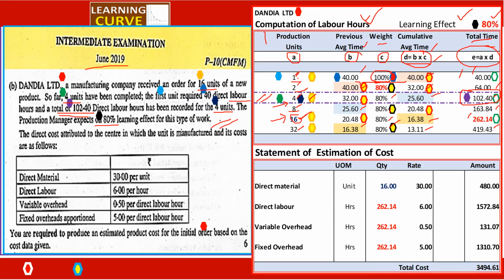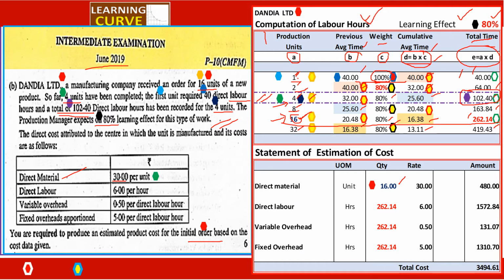Let us proceed further. You are required to produce an estimated product cost for the initial order. What is my initial order? My initial order is for 16 units. For 16 units, I have calculated my workings. Let us take for 16 units, what is the direct material?